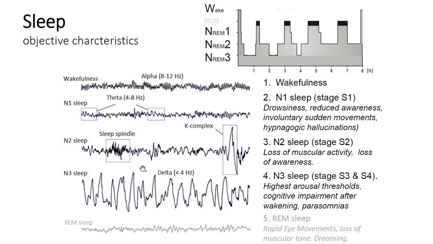And as you go deeper into sleep, activity starts to become slower. In N2 sleep, you start to have these very large amplitude events that I'm not going to talk about, but are very interesting. And finally, in deep sleep, N3 sleep, as I'm calling it here, you have this very slow oscillation, less than 4 Hz, and you can see it's a very simple and regular oscillation. Basically, it's going up and down.